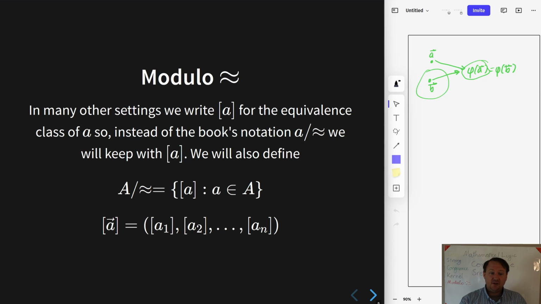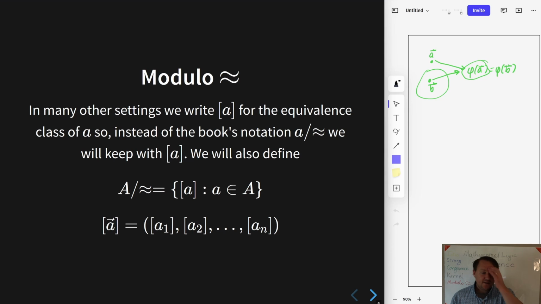So that's for a particular element, whereas when I talk about entire sets or even functions and relations, I'll go ahead and follow using this sort of quotient notation. But on particular elements and even on vectors of elements, I'm not going to follow the author in writing that with a slash wavy equal sign. I'm going to write it with the square brackets that I'm used to.